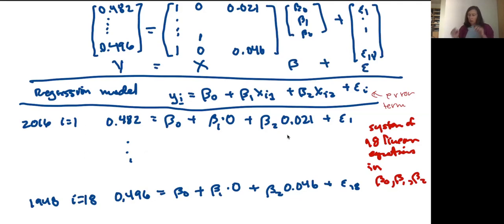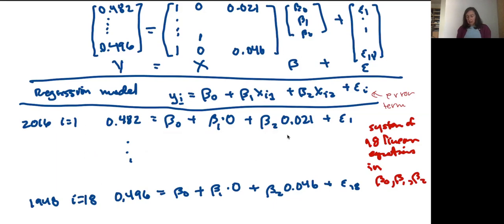Okay. So what I want you to see before I move from this screen that I've been on for a while now is how putting in the different year values for the y_i, x1, and x2 into this basic model gave us 18 equations that all had a beta 0, a beta 1, and a beta 2 in them, but had different numbers because every year the values for these variables change.